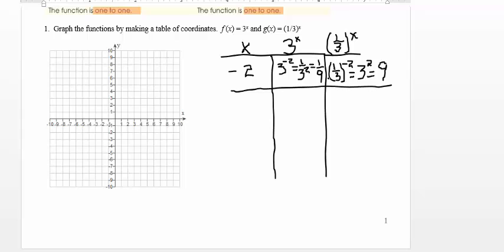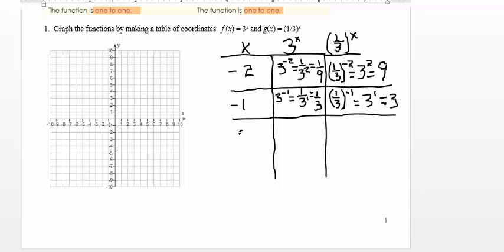So when I apply a negative exponent to a fraction, I can invert the fraction and change the sign of the exponent. So when x is -1, 3 to the -1 is 1 over 3 to the first, which is 1/3. 1/3 to the -1 is 3 to the first.